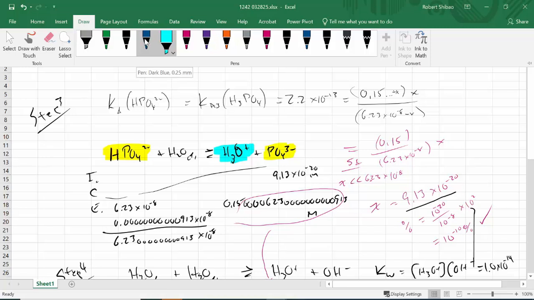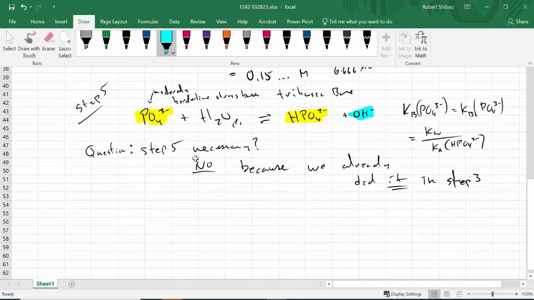It goes up. If the pOH goes up, the pH has to go down. They're tied together by Kw. And so we'd get this exact same answer as we had before. So we already did this equilibrium in terms of pH, not in terms of pOH. Does that make sense? So it would be redundant to do step 5.